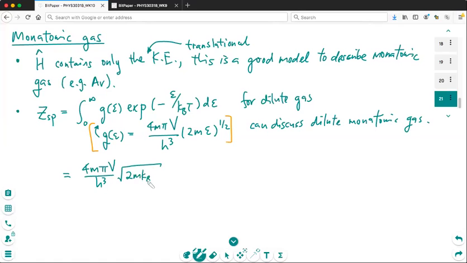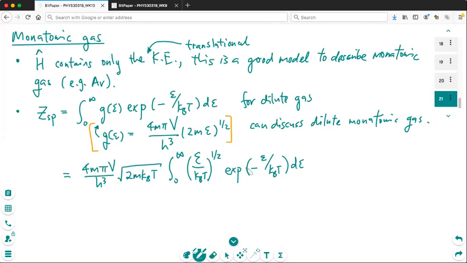The exponent has 2m, kBT, and the integral goes from 0 to infinity. So far nothing profound. I just arrange it so that we are ready to manipulate the integral.